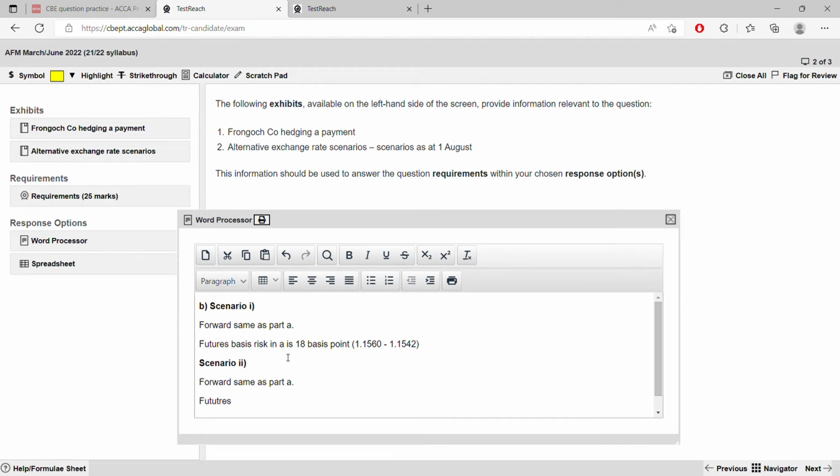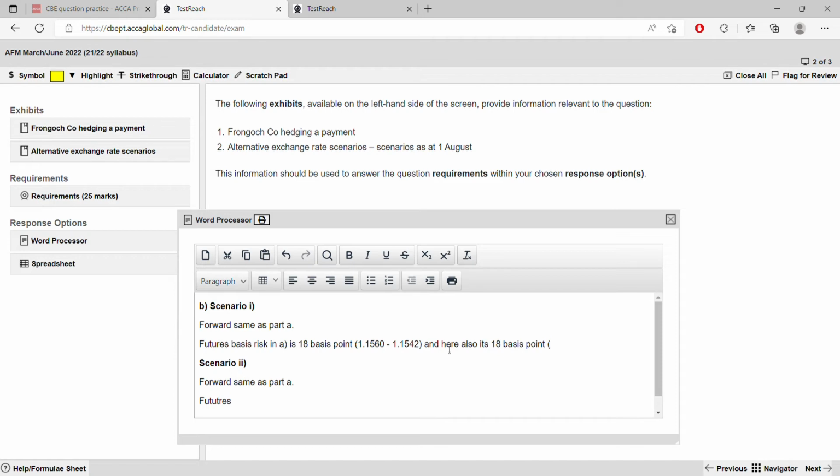Future risk in part A is 18 basis points, and here also it's 18 basis points. How?